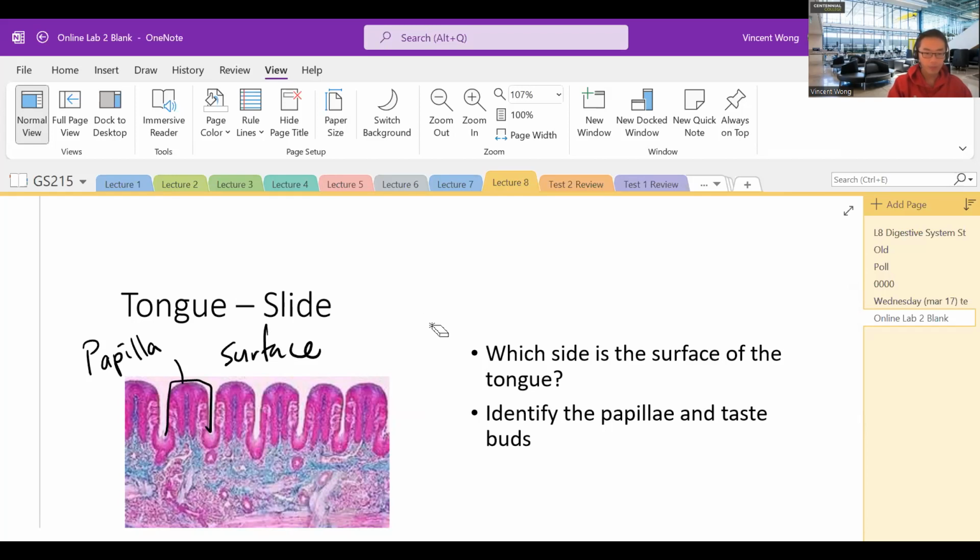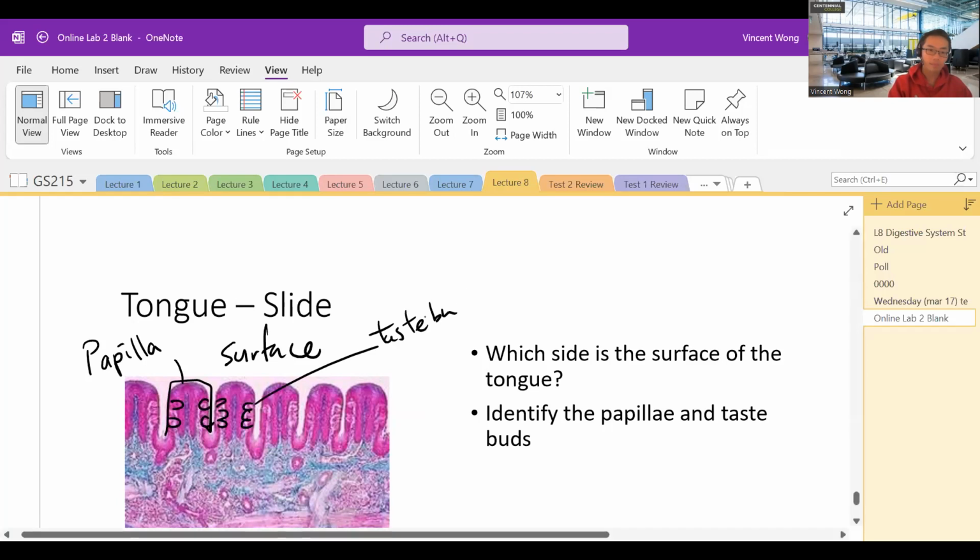On the side of the papilla, these little oval things that look a little bit pale pink, those are your taste buds. That's where you will detect sweetness, sourness, and so on and so forth.